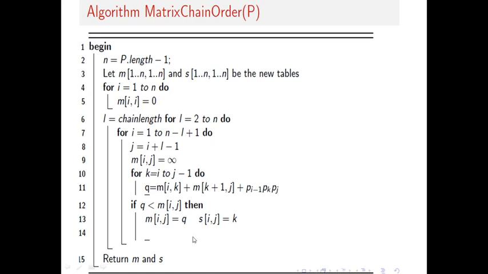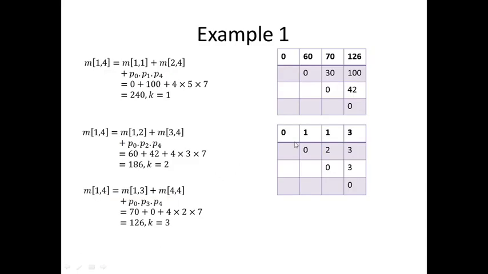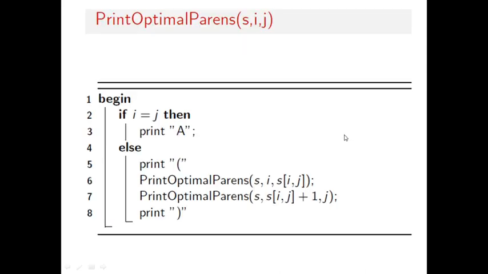That selection process is done using this. Then finally the M table and S table are returned, and with the help of the splitting values in the S table, you are able to place the parenthesis. And this is the final optimal parenthesization.